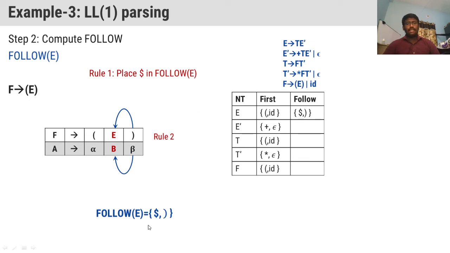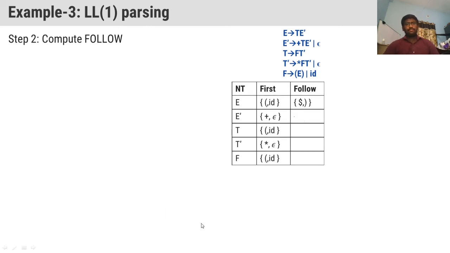Once dollar is added, we also verify whether E is present anywhere on the right hand side. Since E is present in the production of F and E is followed by a right parenthesis, which is a terminal, we add that terminal to the follow set. That is the reason why we add right parenthesis to the follow set. Next, we will take another non-terminal E dash.